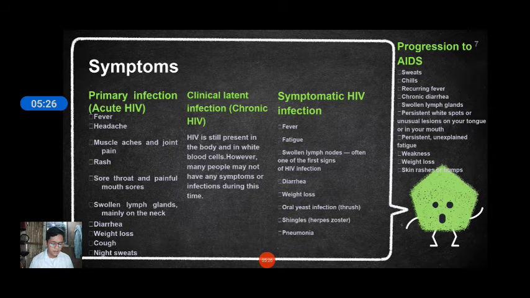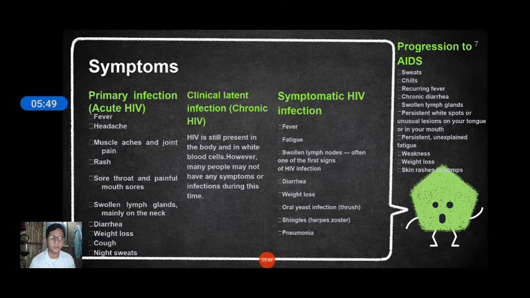Then next is the progression to AIDS. When AIDS occurs, your immune system has been severely damaged. You'll be more likely to develop opportunistic infections or opportunistic cancers, diseases that wouldn't usually cause illness in a person with a healthy immune system.